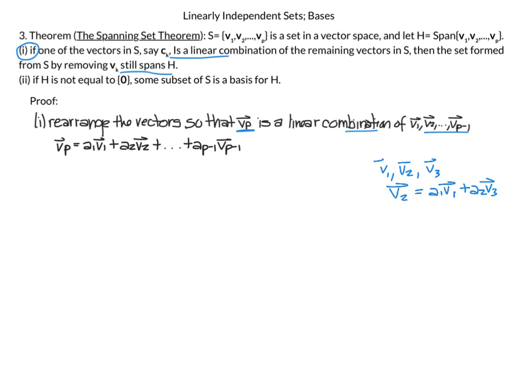In this example, we're just going to rename V2 as V3 and V3 as V2 so that we can write this nice little formula that VP is dependent on the previous vectors. So VP is a linear combination of the previous vectors, so we can write VP as a constant times V1 plus a constant times V2 up to A(P minus 1) times V(P minus 1).